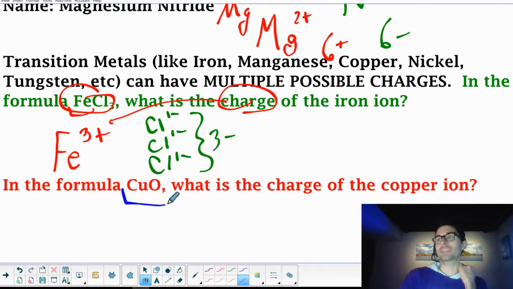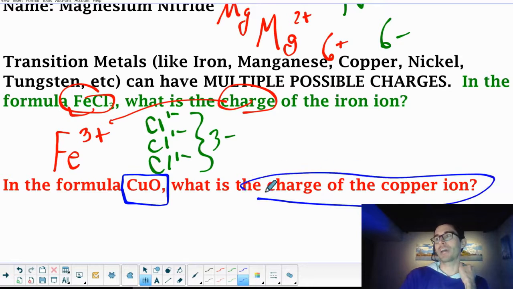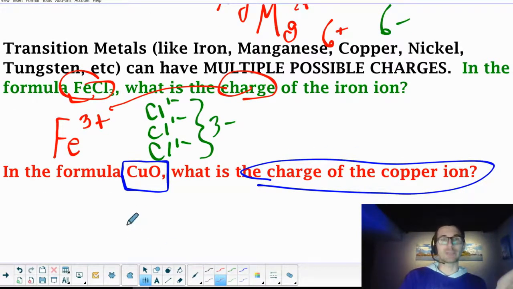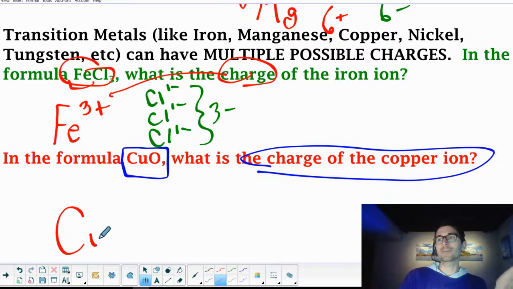And if we look at our last example here, CuO, what is the charge of the copper ion? Well, we can do the same thing. I can write out Cu, that's copper, and I can write out O, which is oxygen. There's only one of each. And on the periodic table, oxygen is always a 2-.